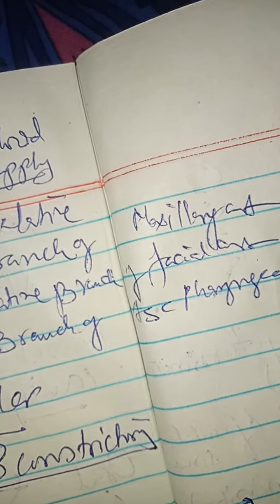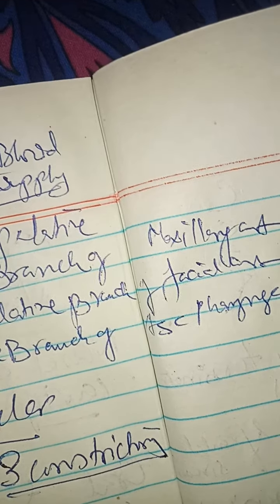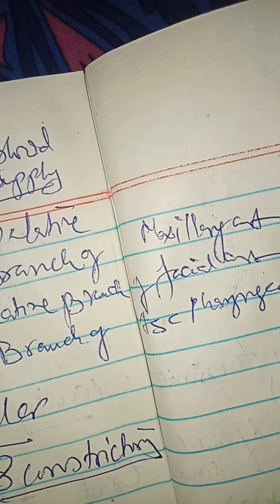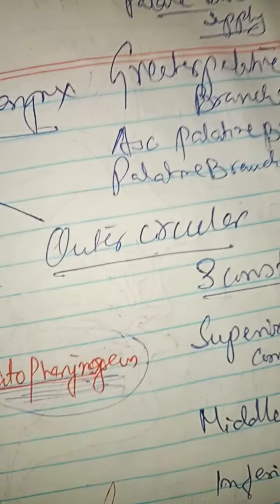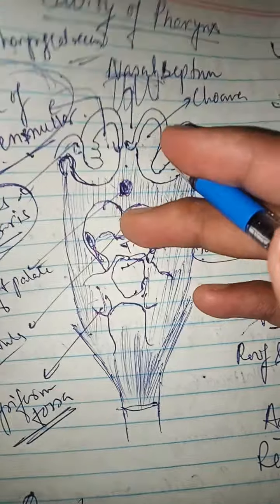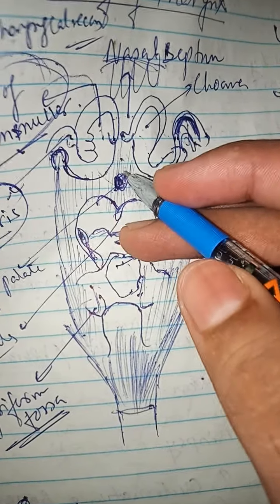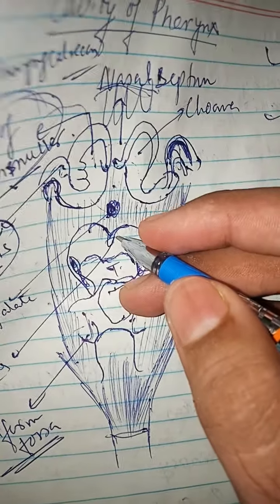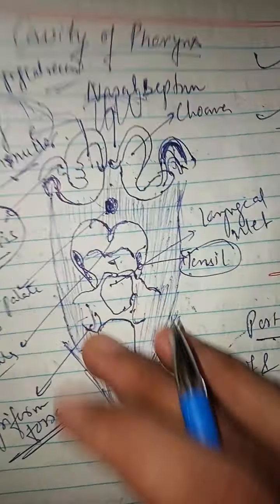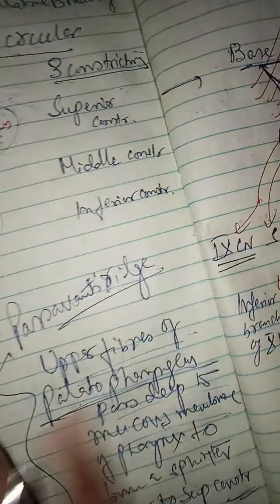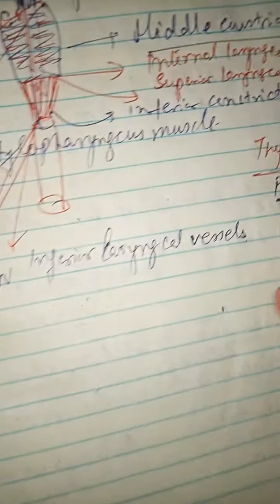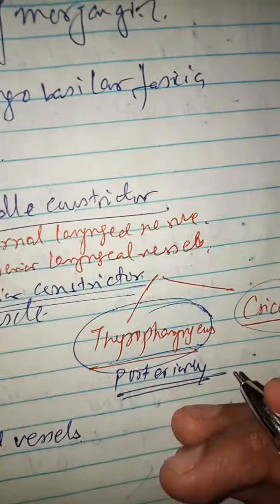Now I will talk about Killian's dehiscence. In the posterior wall of the pharynx there are two muscles, the thyropharyngeus and the cricopharyngeus, parts of the inferior constrictor.